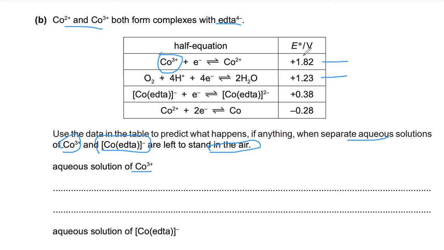So this one would be as it is, but since it is reacting with air, the other one would be reversed. Alright, so it would be 1.82 minus 1.23.